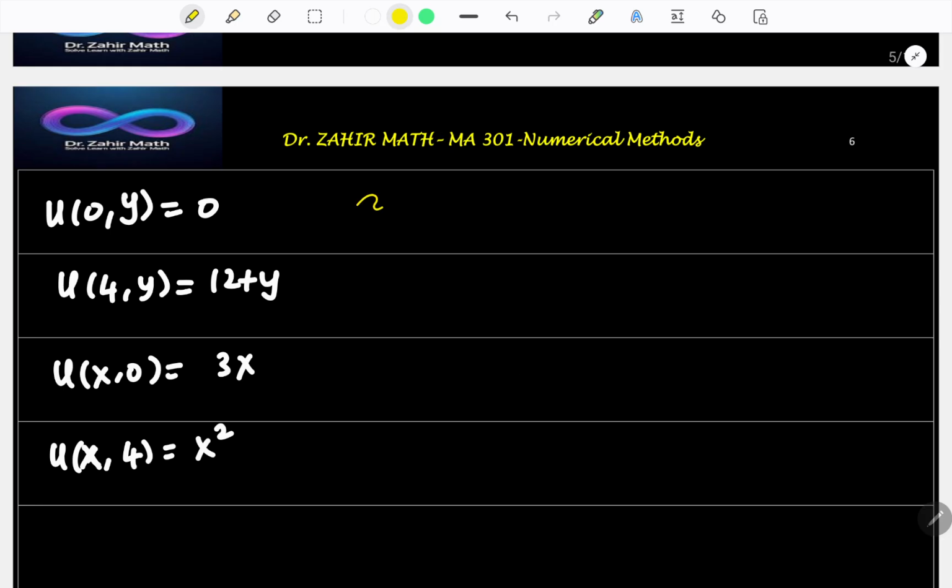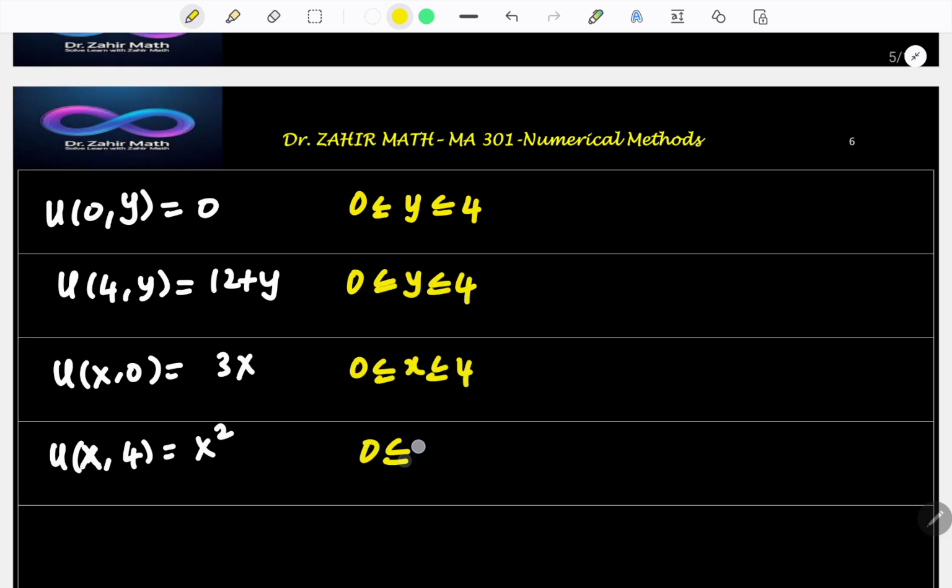The ranges are 0 less than or equal to y less than or equal to 4, and 0 less than or equal to x less than or equal to 4. Now I'm going to divide the square into 16 square mesh of side 1 unit, and then start finding the values to 1 decimal place.